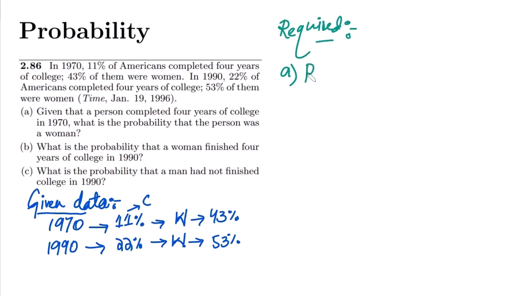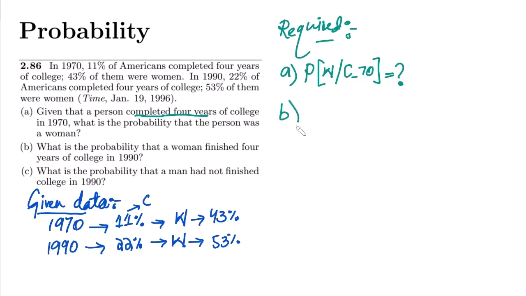So this is again a conditional probability in which the condition has been given that a person has completed 4 years of college in 1970. We have to find the probability that a person was a woman given that he or she has completed a college degree in 1970.